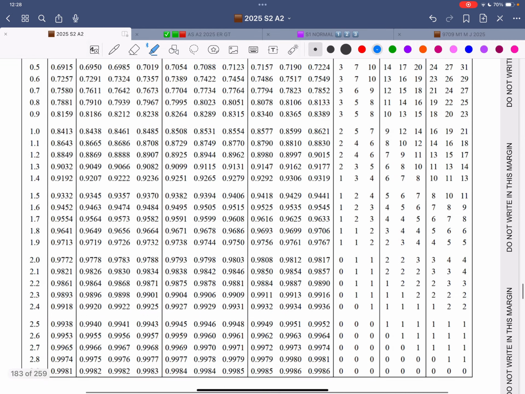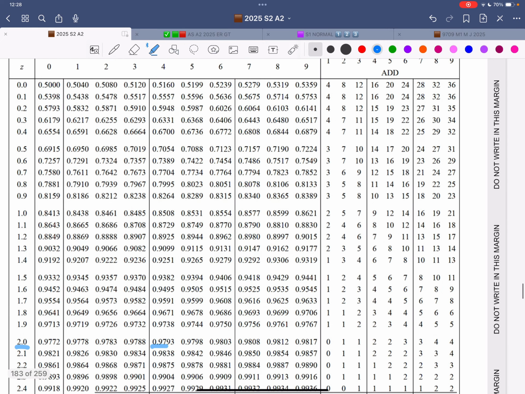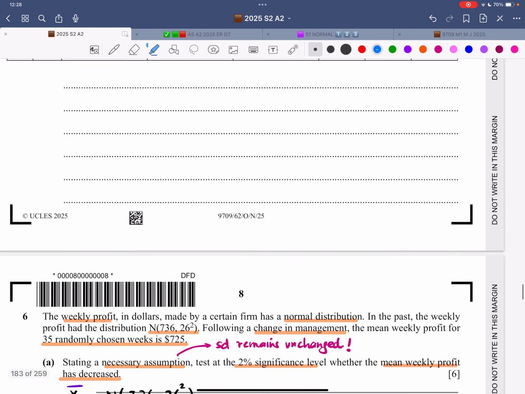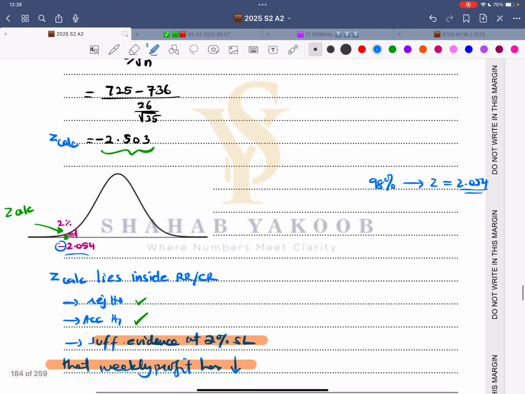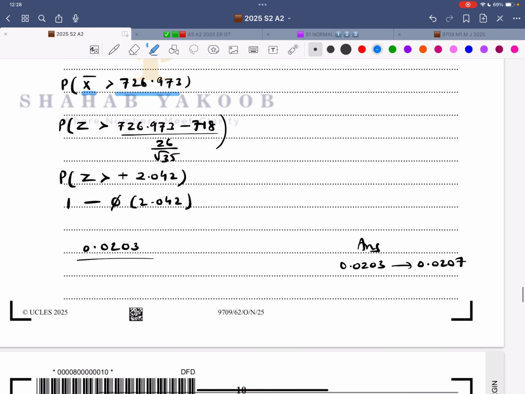So 2.0, and then I think this is 4. Yes. And then there is 2, that is 1. So 0.9794. There it is. So this is 1 minus 0.9794 after rounding off. This is the answer.